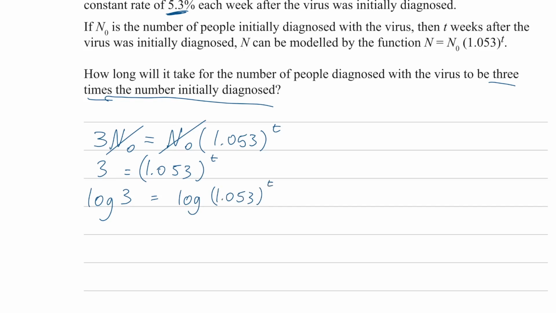And now, using our log laws, I can bring this power to be multiplied out the front of this log. So log 3 equals t times the log of 1.053.